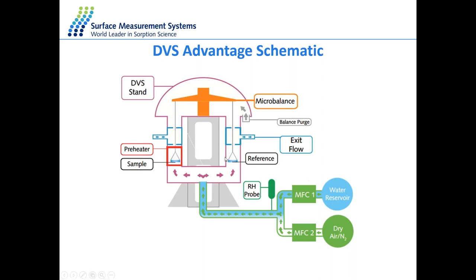What is the difference between sample and reference? They are perfectly identical. The system is perfectly symmetrical. And the reason why they are identical is because we are trying to achieve symmetry to get better absorption data. What I mean by that is we are pushing molecules of water into a chamber where we have our sample. Now, the molecules of water will absorb everywhere. We cannot control where molecules of water go. So they will absorb on the sample, but they will also absorb on the pan, on the hang-down wire, on the side of the chamber.